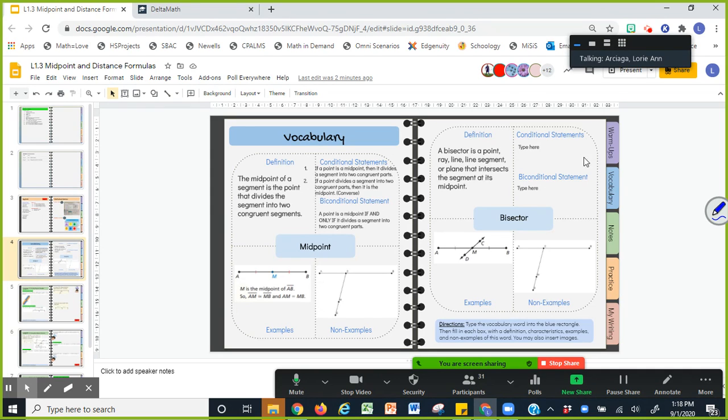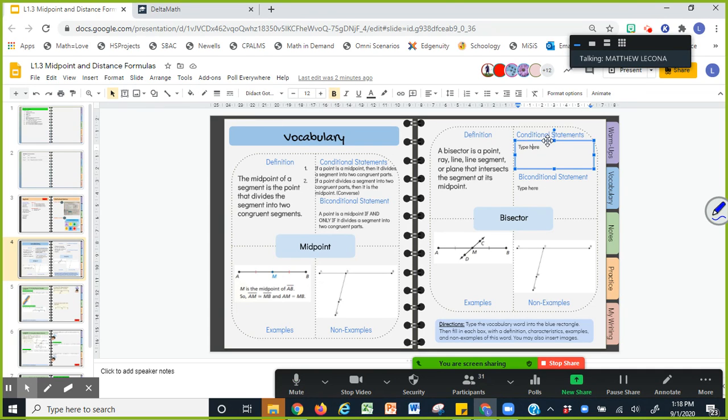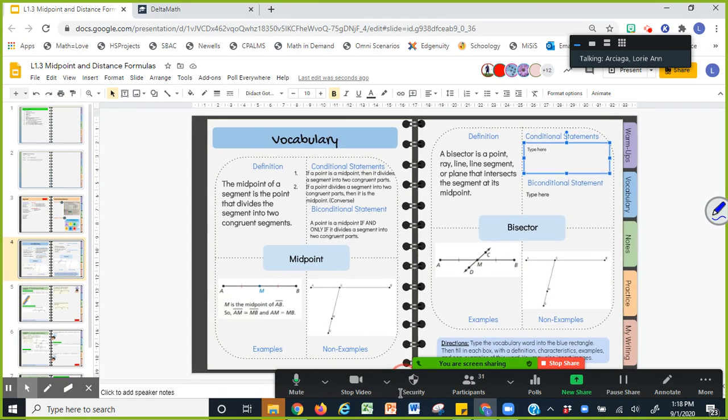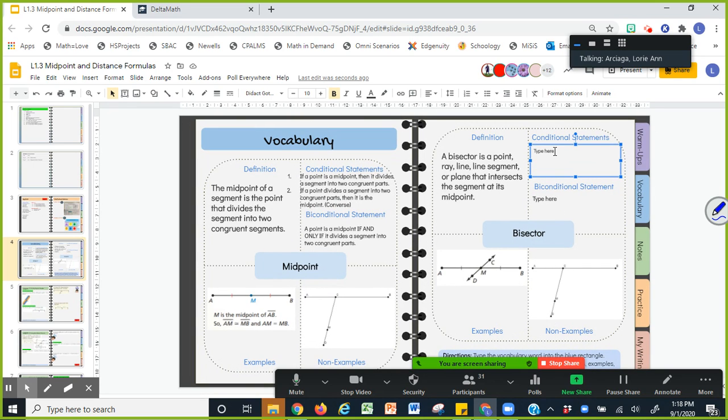Thank you, Matthew. So just like what Matthew read for us, it doesn't have to be a point all the time. It could be a segment, it could be a ray, or any subset of a line. It could also be a plane, as long as it contains the midpoint.